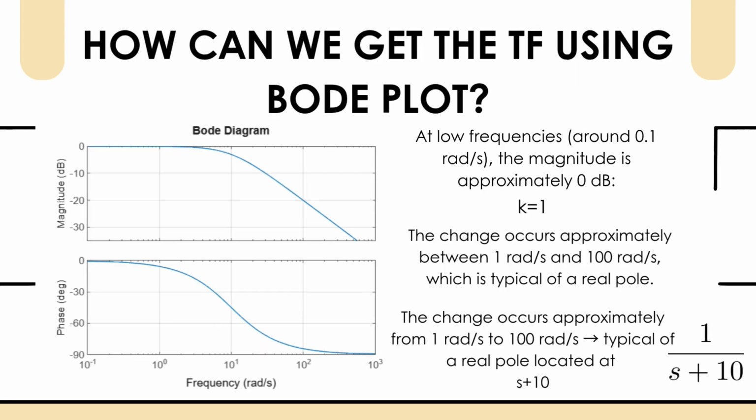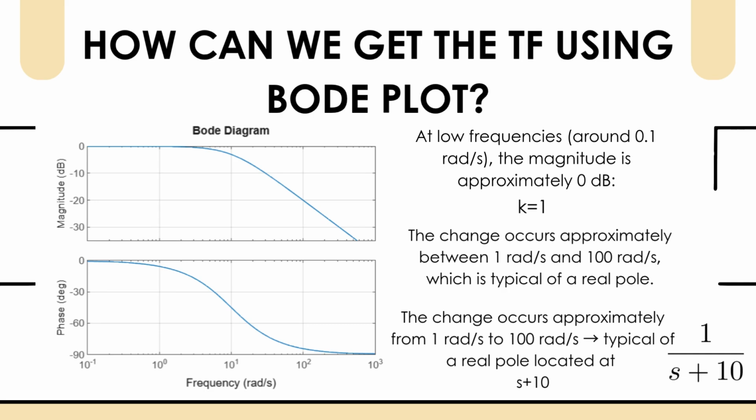But how can we get the transfer function using the Bode plot? At low frequencies, around 0.1 radians, the magnitude is approximately 0 decibels, as you can see in the first diagram.